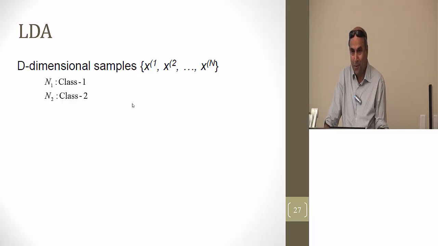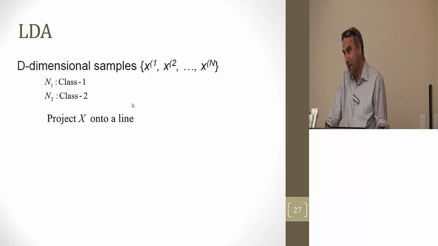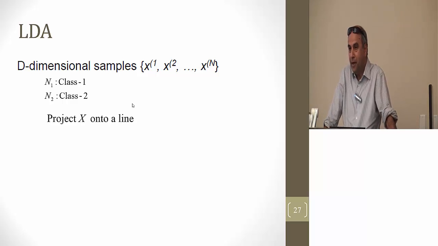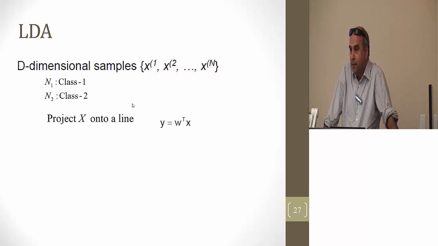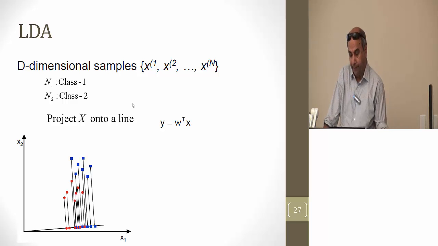So it's a two-class problem. The way we are going to do it is that we'll project the vector x onto a line, and this projection will be with w. We'll multiply the w vector with x, so w transpose x will give a scalar, and that we will call y.